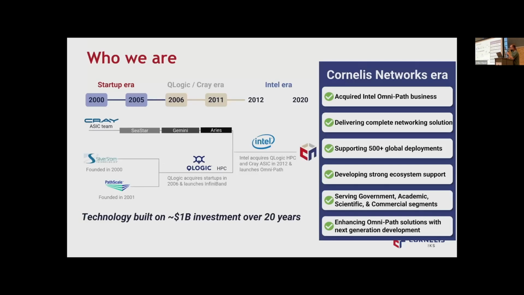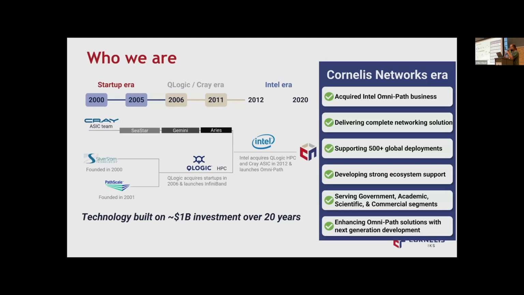So who we are: our current CEO, Phil Murphy, founded a company called Silverstorm in 2000. This was an IB company. It got bought by QLogic along with PathScale. And then Intel bought QLogic, and at about the same time, Intel also bought the IP from Cray for the Aries, Gemini, the C-Star, basically the network technology they had at the time.